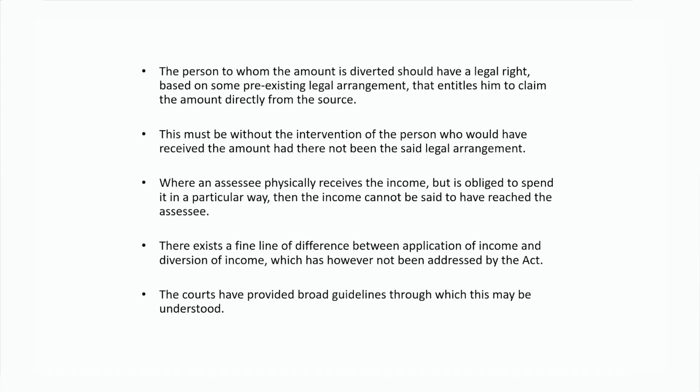This must be done without the intervention of the person who would have received the amount had there not been the said legal arrangement. Where an assessee physically receives the amount but is obliged to spend it in a particular way, then the income cannot be said to have reached the assessee.